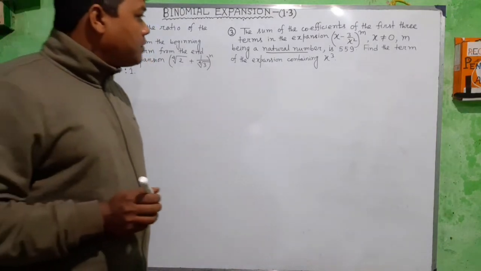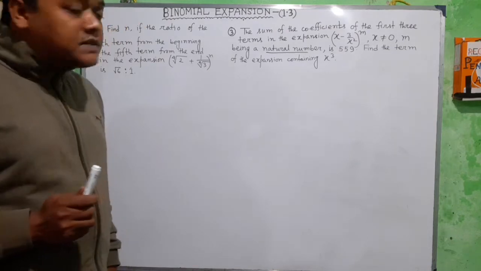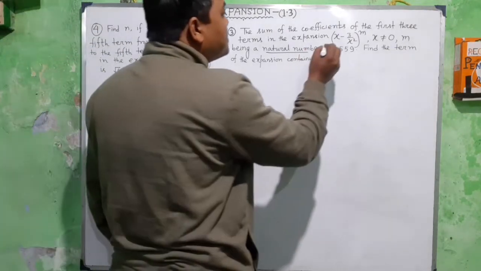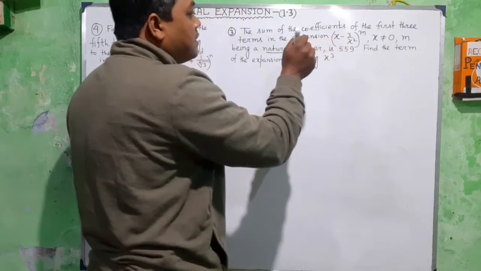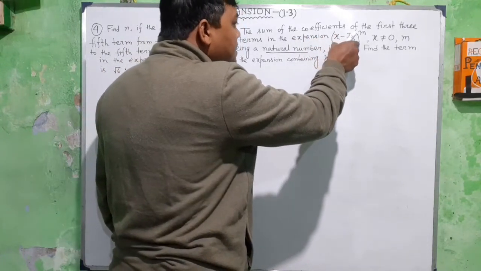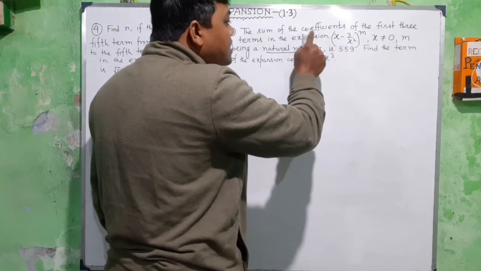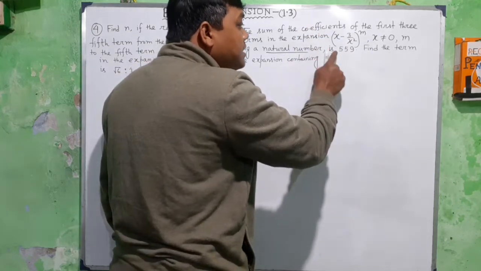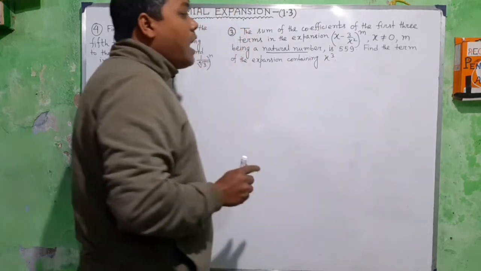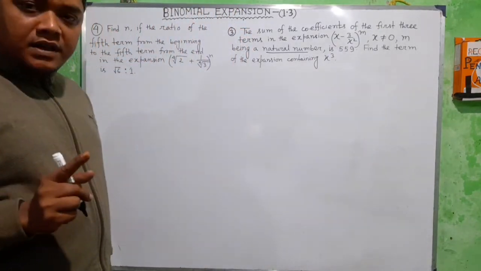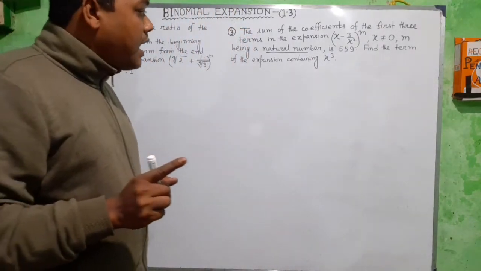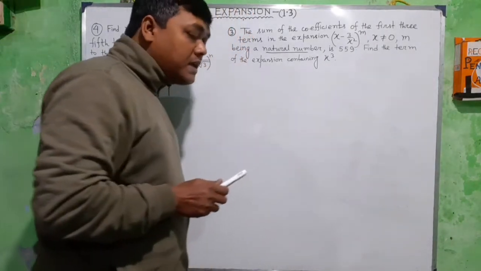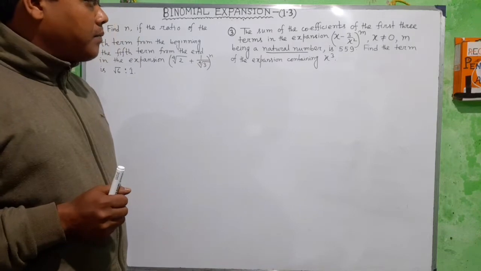So I repeat: the sum of the coefficients of the first three terms in the expansion is 559, m is a natural number, and the expansion is (x minus 3 by x square) whole to the power m.